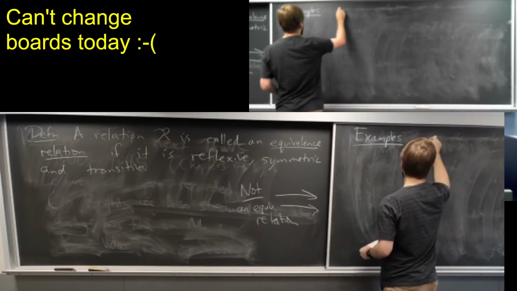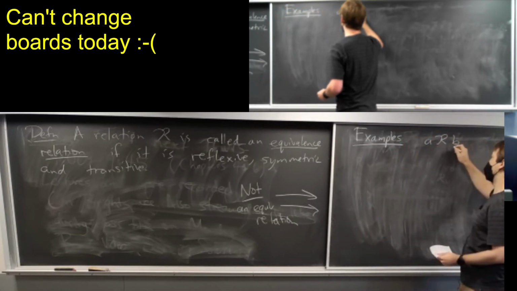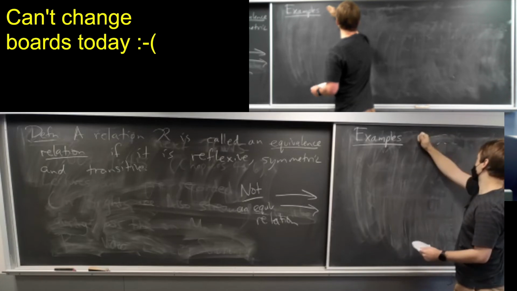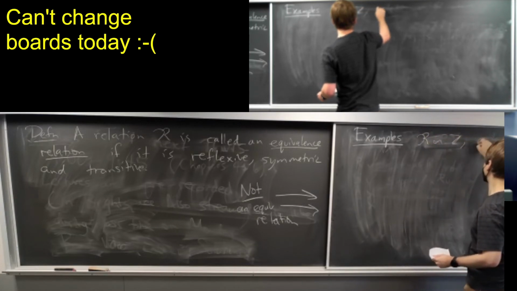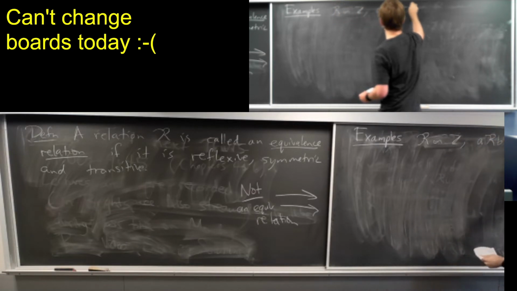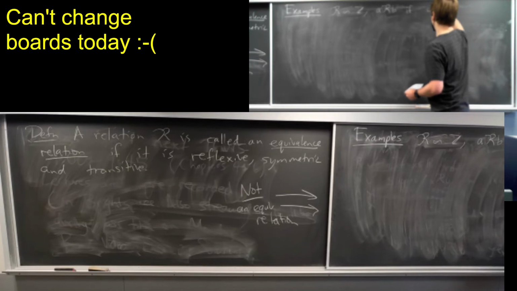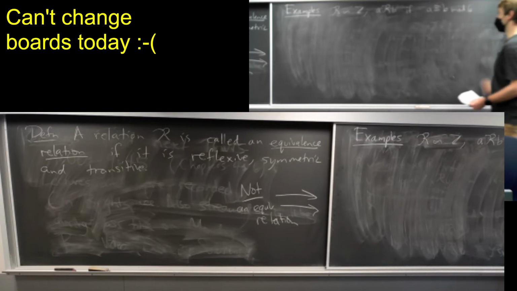So the relation on the integers such that a is related to b if a is congruent to b mod, I'll just pick some random number, 6. But of course, this works for any number, right?